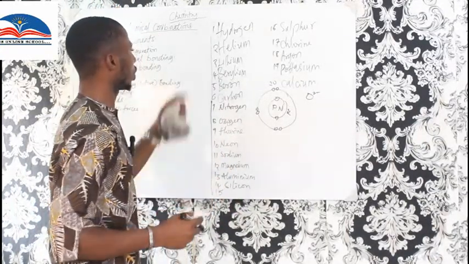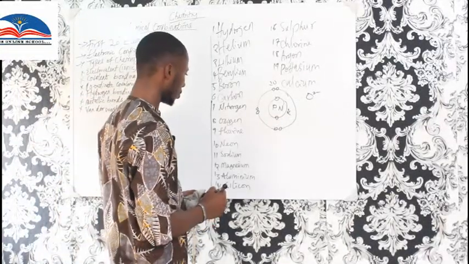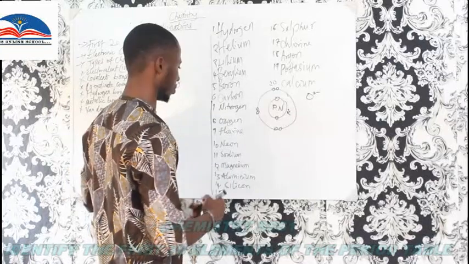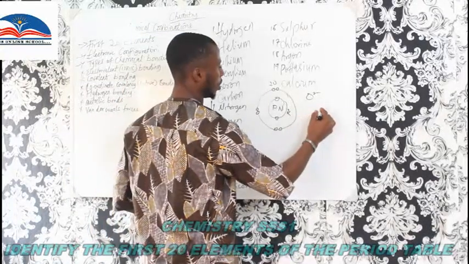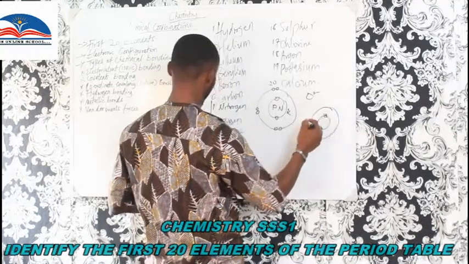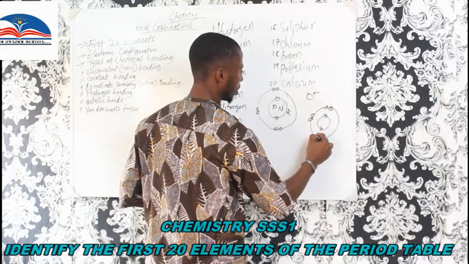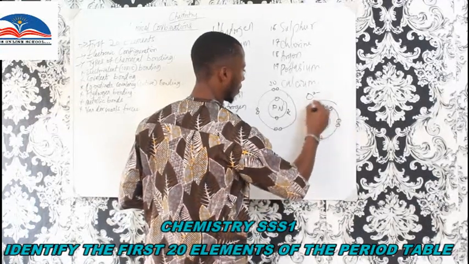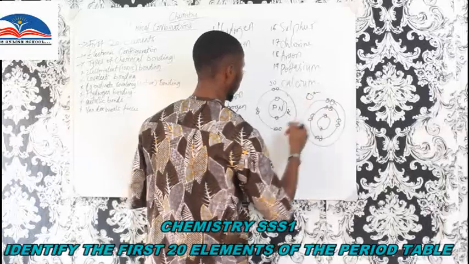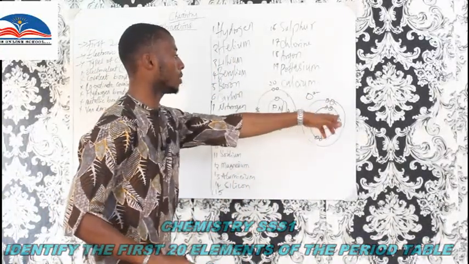What do I mean? Let us look for an element that has 2 to give. We have magnesium. Magnesium is number 12: 1, 2, 3, 4, 5, 6, 7, 8, 9, 10, 11, 12. Magnesium has 2 to give.